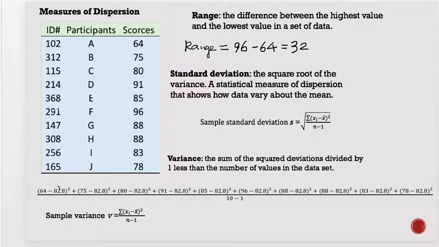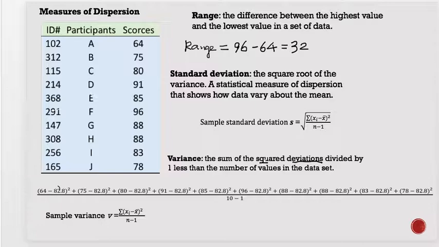Let's move to variance. The definition of variance is complicated: the sum of squared deviations divided by 1 less than the number of values in the data set. First, what is deviation?